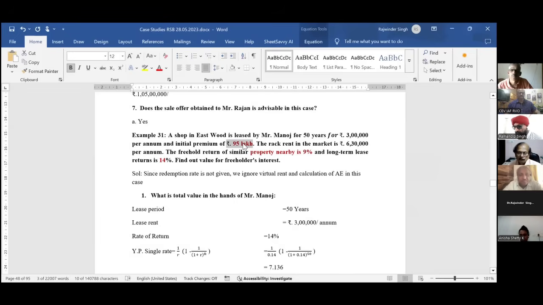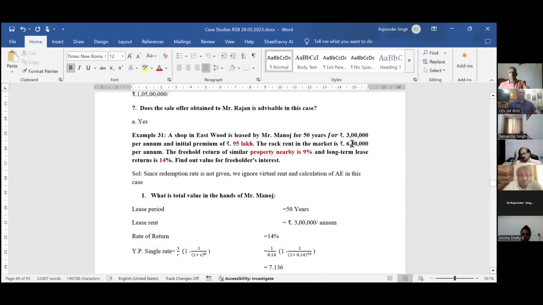So this 95 lakh will also give him certain interest. If he deposits this amount, this will give an annual equivalent of interest. Basically, why is he taking 3 lakh when the market rent is 6,30,000? Because he got a 95 lakh premium. Now from this 95 lakh he will also have some income.